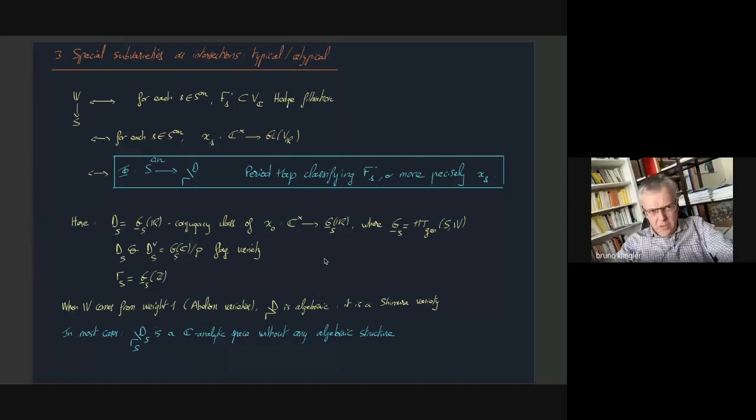If you start with a variation of Hodge structure over your base, then for each point, what you want to parameterize is really the position of your Hodge filtration at the point s inside the locally constant sheaf that you have, with generic fiber I call V_C.